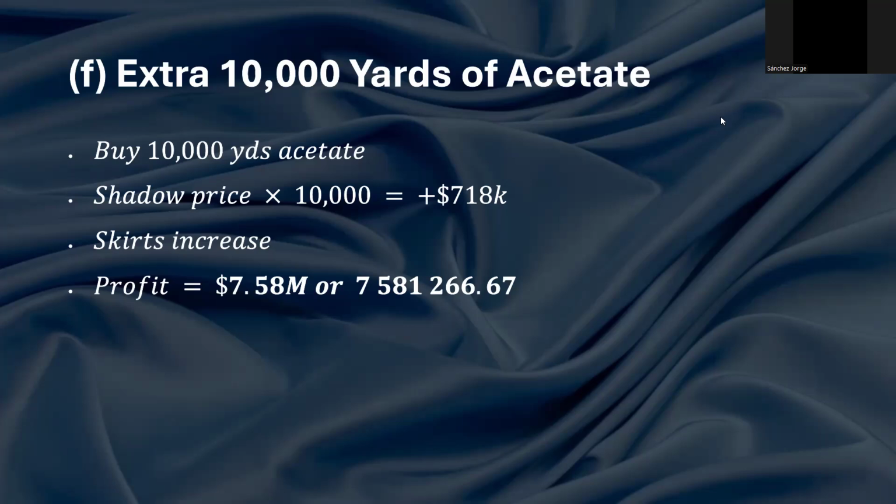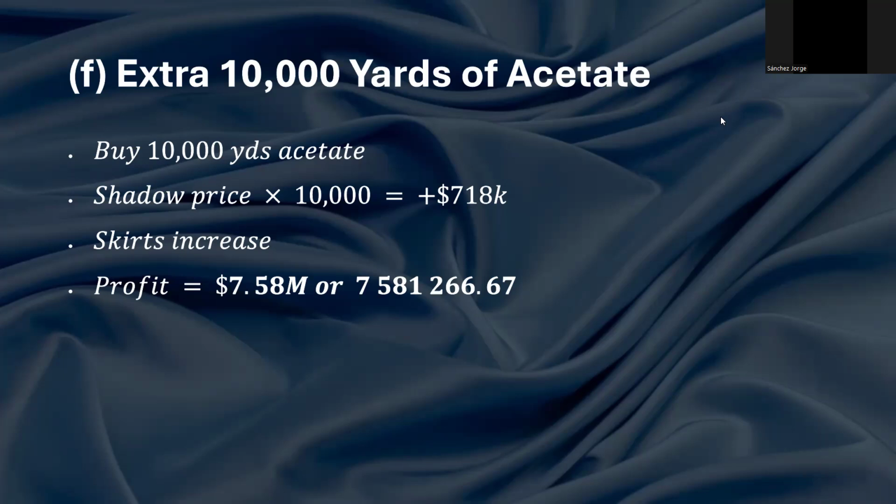Okay, so why do we need 10,000 yards of extra acetate? Why should we take that decision into consideration? Well, as I mentioned earlier, remember the shadow prices. Acetate has a shadow price of $71.83.